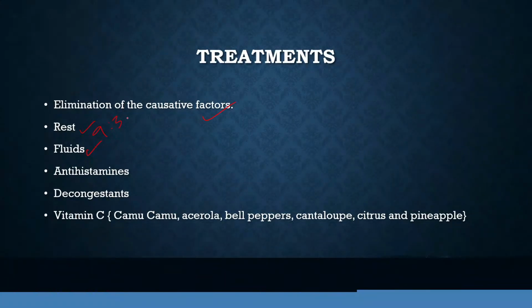You can refer to the other slides so that you can see some of the defensive mechanisms that we mentioned. So you have to eliminate anything that weakens it. And on top of that, you have to include rest, so by 9:30, 10, you should be asleep if you have a cold or a flu, and increase fluid intake, antihistamines, decongestants, and vitamin C.